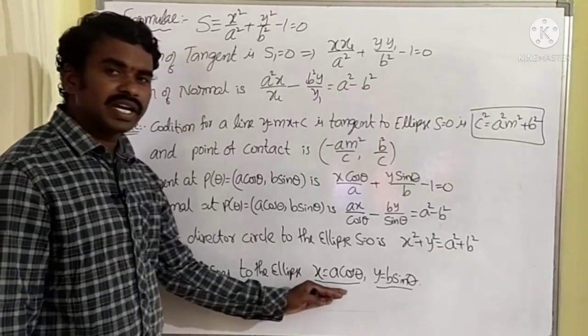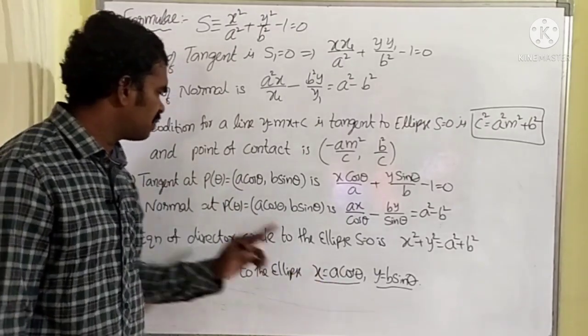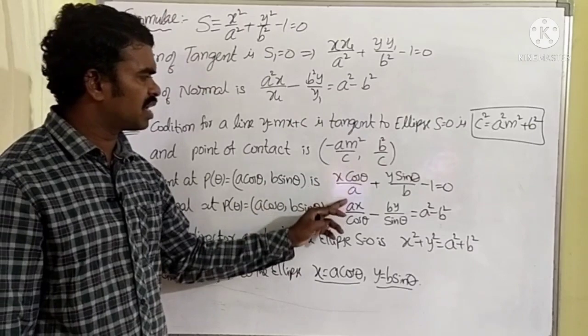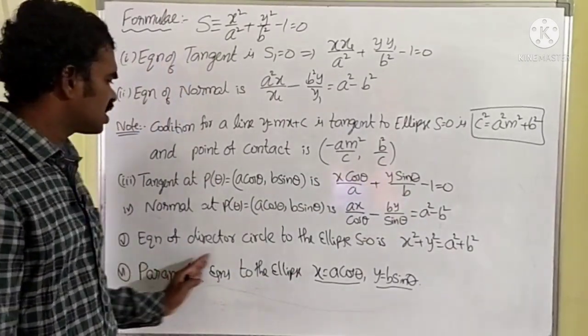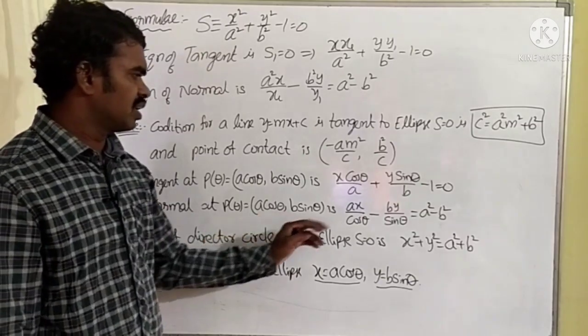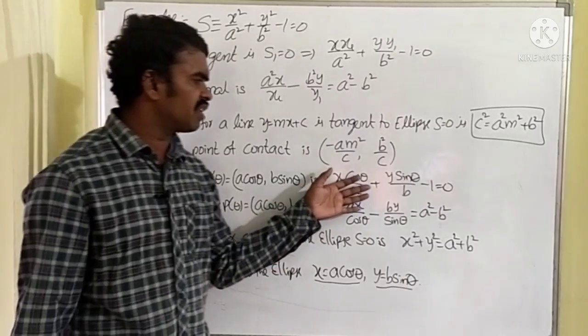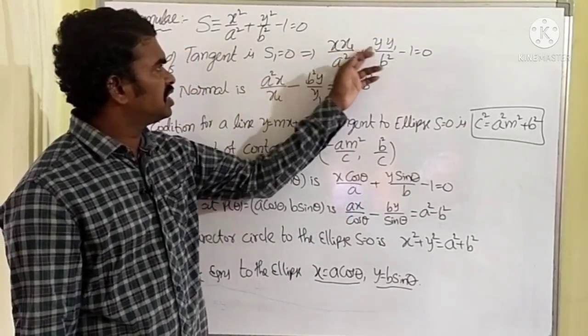According to these parametric equations, the tangent equation at this point, means at a cos theta comma b sin theta, is x cos theta by a plus y sin theta by b minus 1 equal 0. Similarly, equation of normal, ax by cos theta minus by by sin theta equal a square minus b square. So this we can simply derive from the tangent equation.